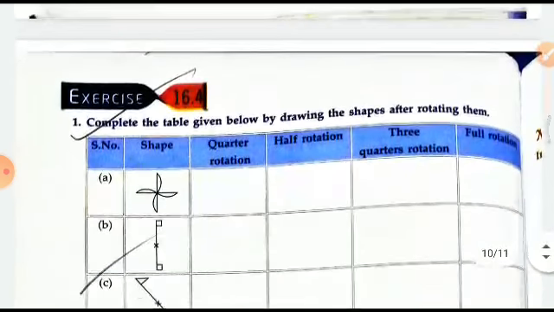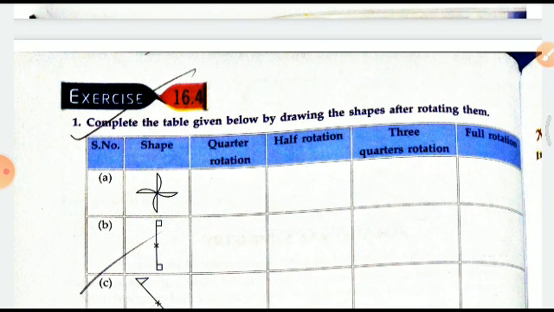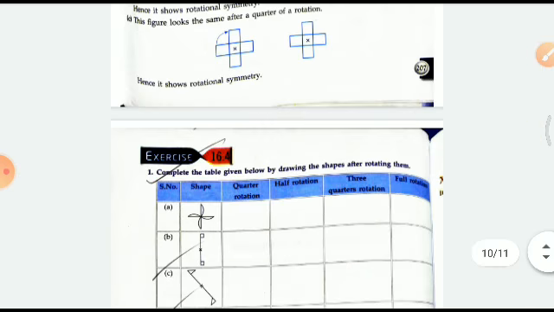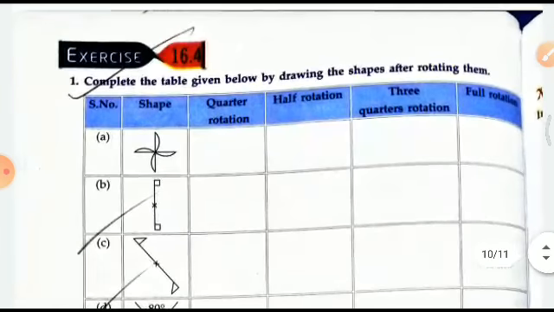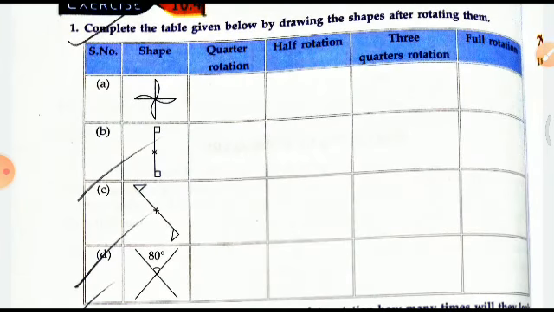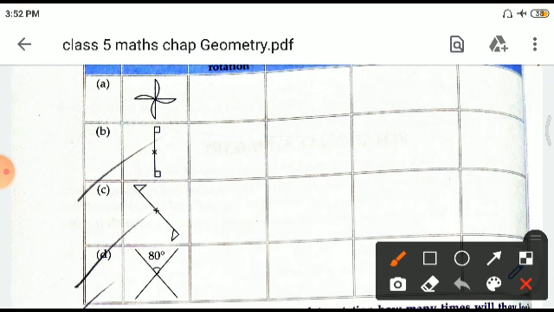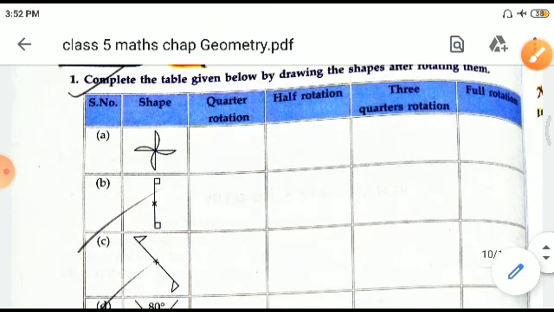Now we need to do this. Now see, this is complete the table. Right, here it shows, the first figure shows all the rotations, right? It shows all the rotations. Then this second one, see, in the second one, if we make a quarter rotation, nothing will occur, right?